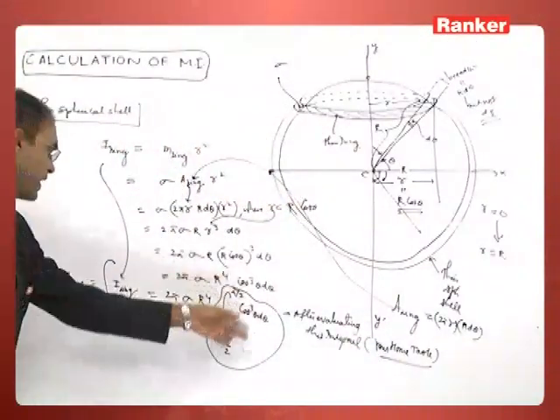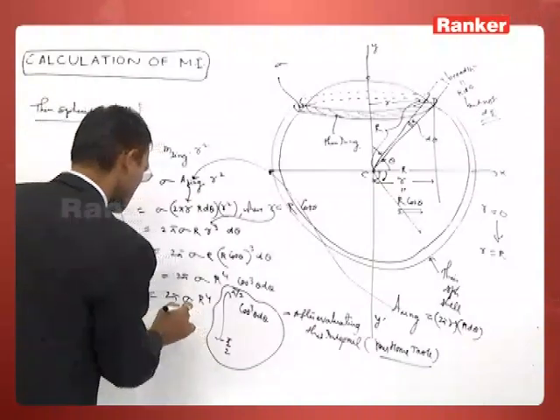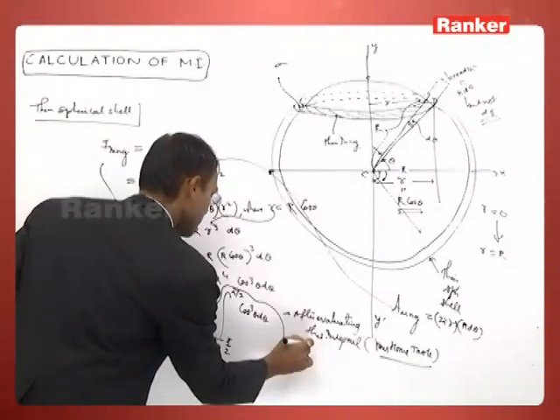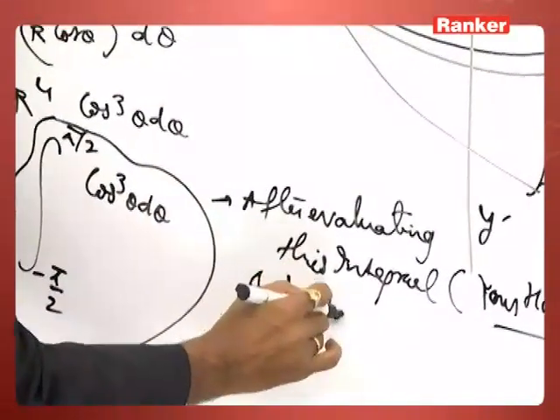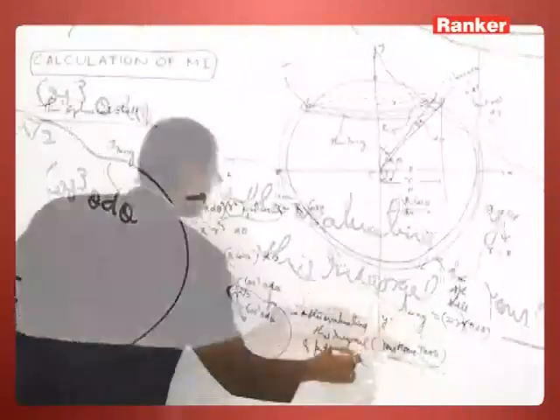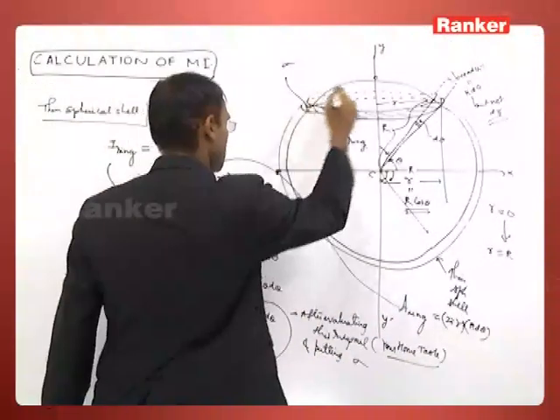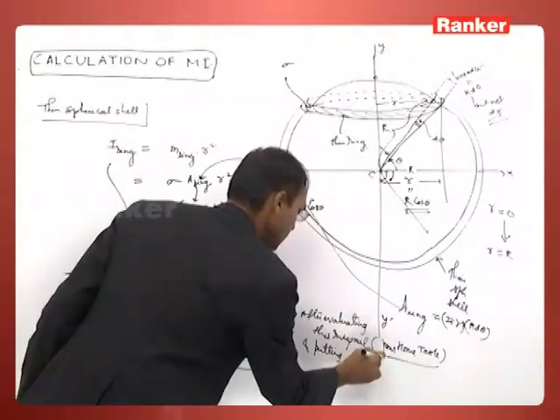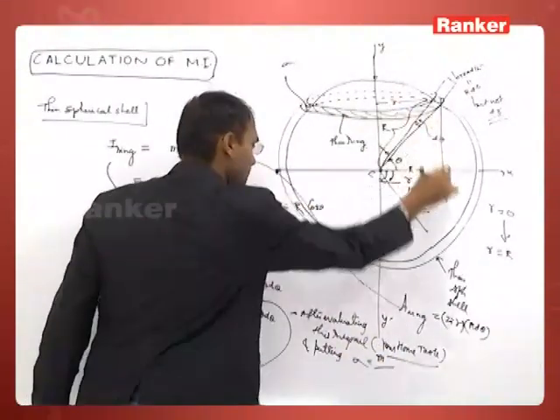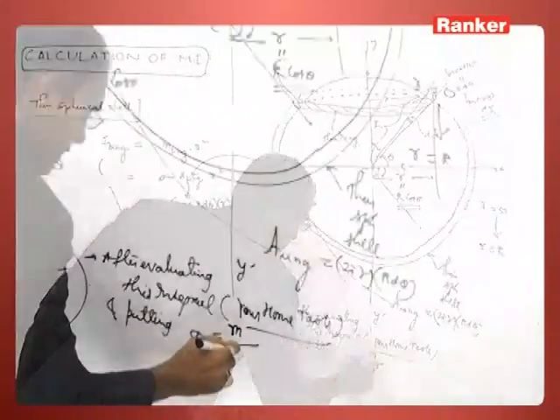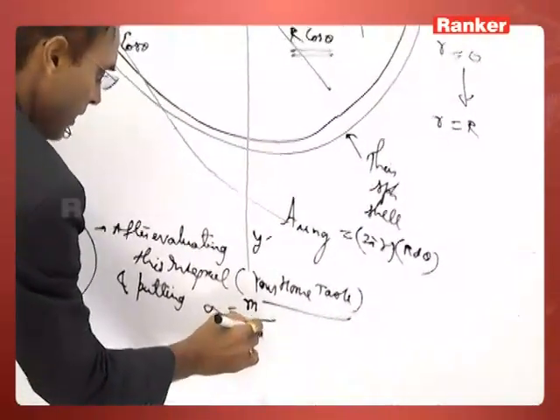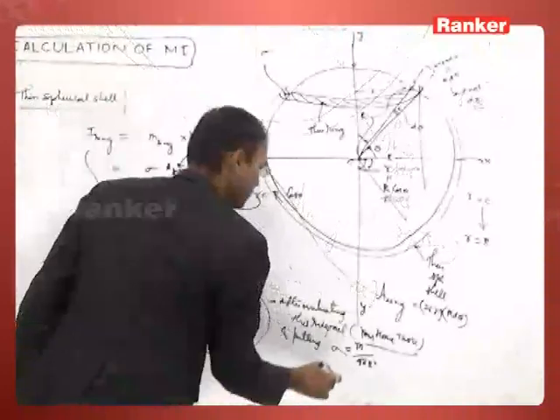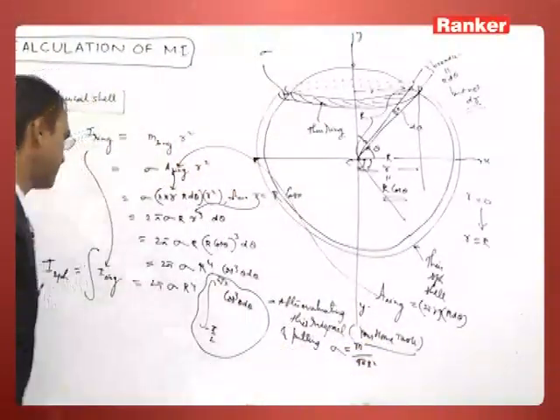By using the ideas of mathematics, and then putting the surface mass density, since it is uniform, it can be written as total mass by total surface area, that is 4 pi r square.